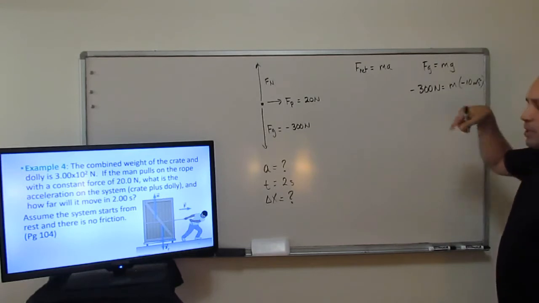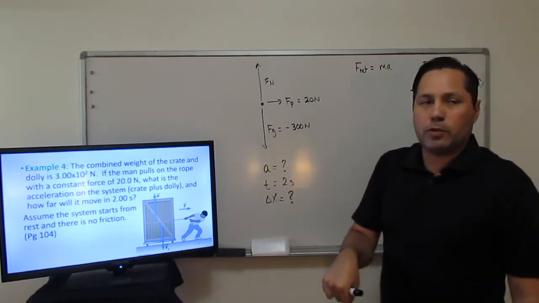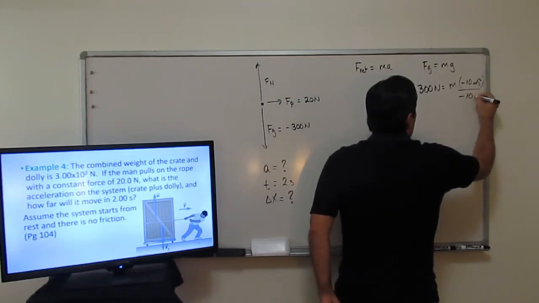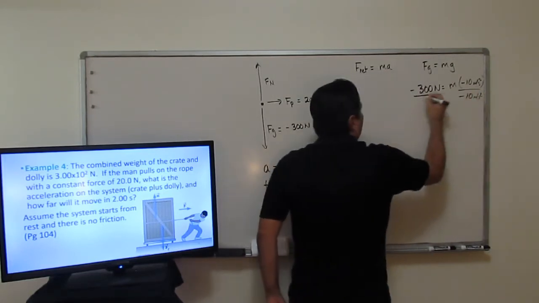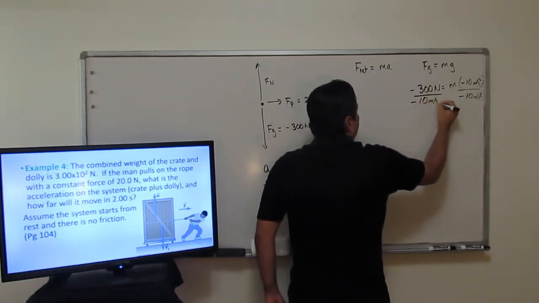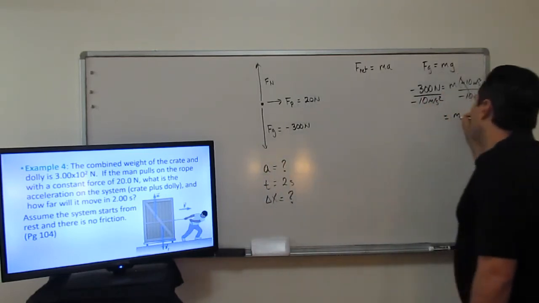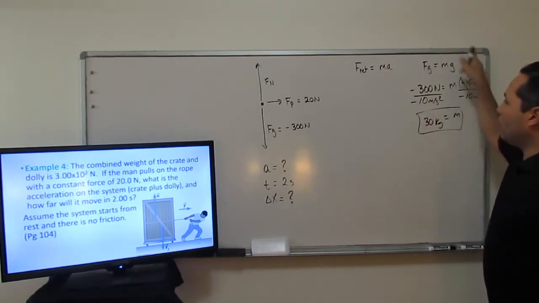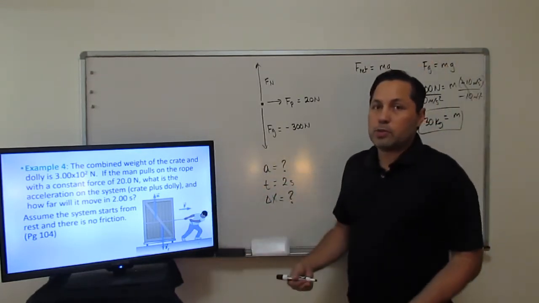I put negative because it is being accelerated towards the center of the planet. We divide by 10 on both sides, and that gives us our mass of 300 divided by 10, which is 30 kilograms. That is the mass of the system, the crate plus the dolly.